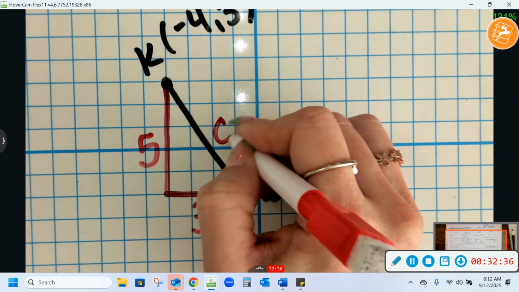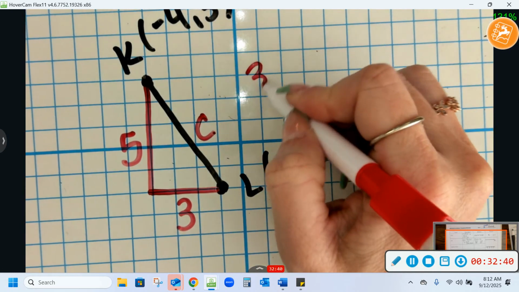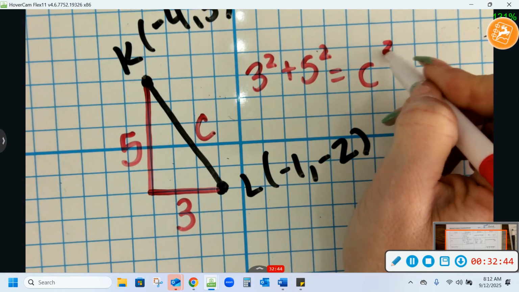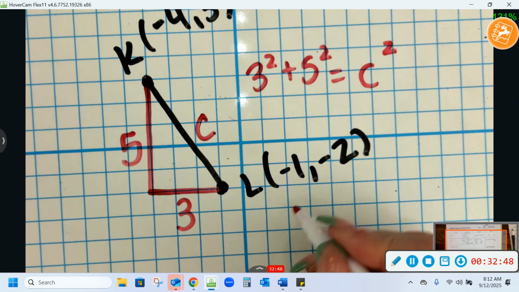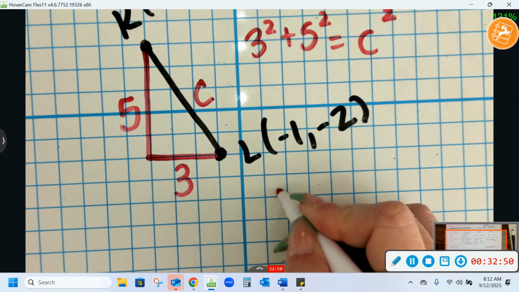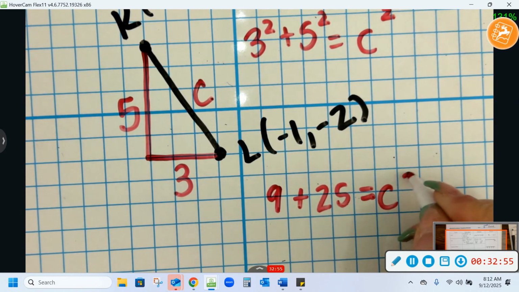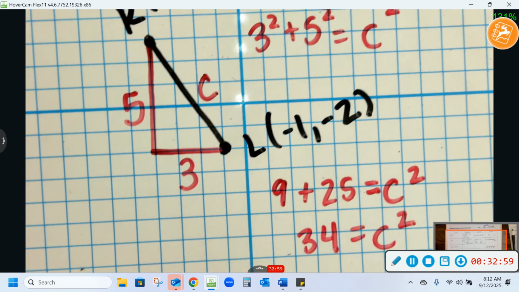Can I find it? 3 squared plus 5 squared equals c squared. 9 plus 25 equals c squared. 34 equals c squared.